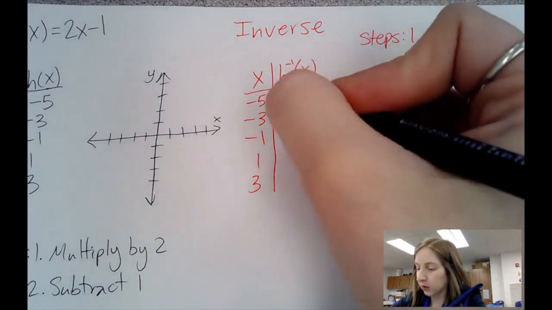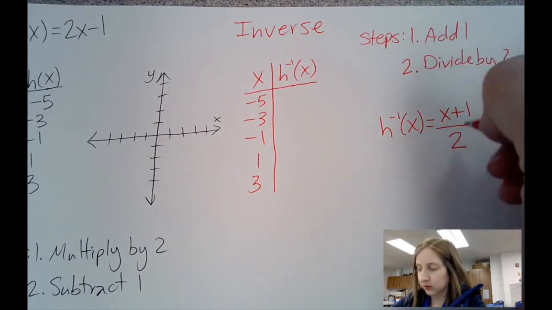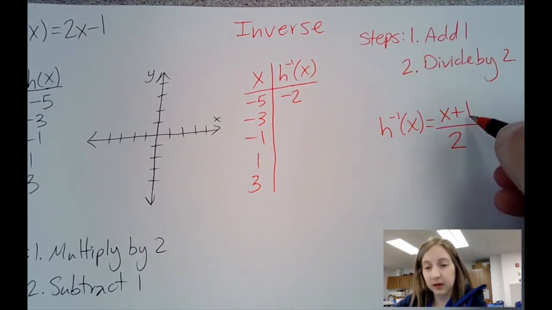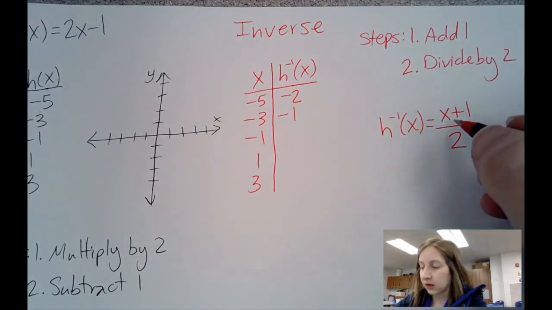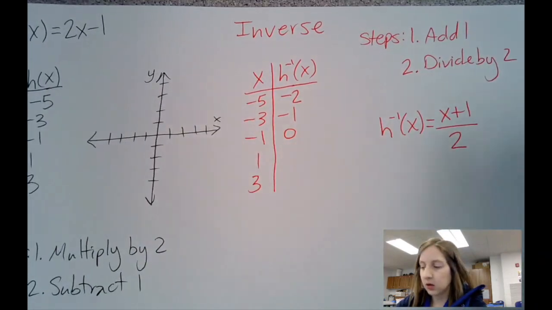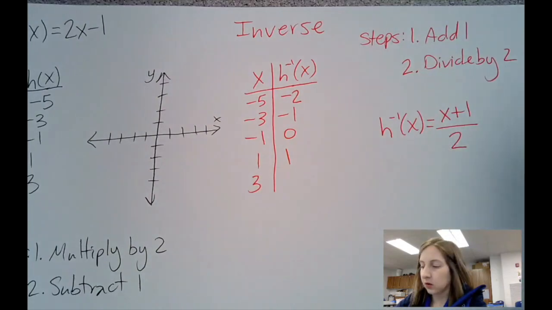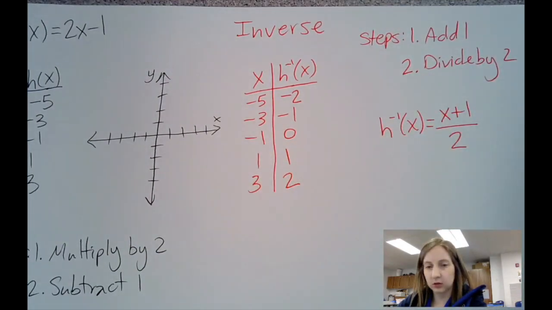Negative 5 plus 1 is negative 4, divided by 2 is negative 2. Negative 3 plus 1 is negative 2, divided by 2 is negative 1. Negative 1 plus 1 is 0, divided by 2 is 0. And 1 plus 1 is 2, 2 divided by 2 is 1. 3 plus 1 is 4, divided by 2 is 2.